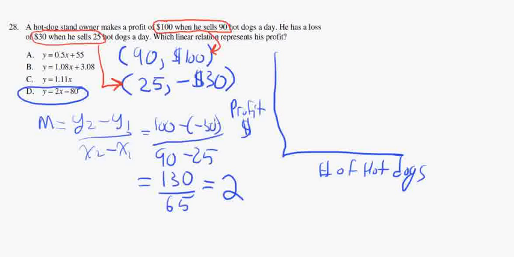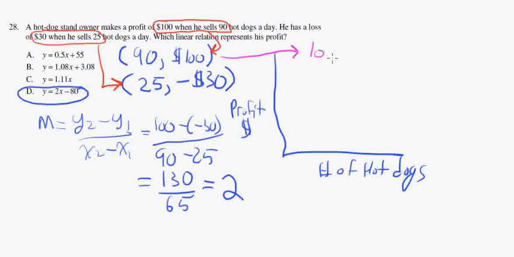Now if you want to check to make sure the answer actually is D, you can always pick one of these 2 points and put it back into the equation. So let's pick the first one, and let's just do it really quick. I'm going to check my answer.